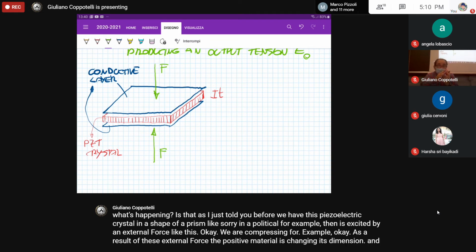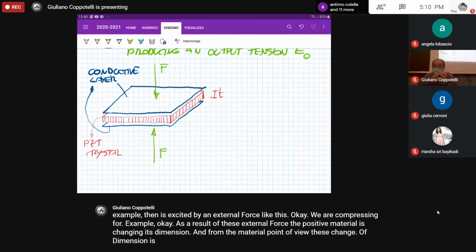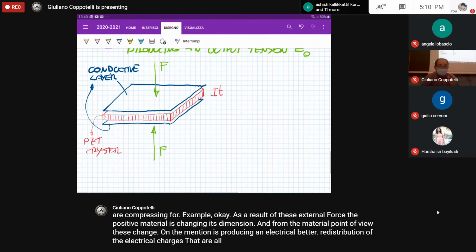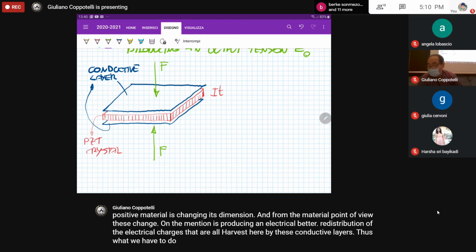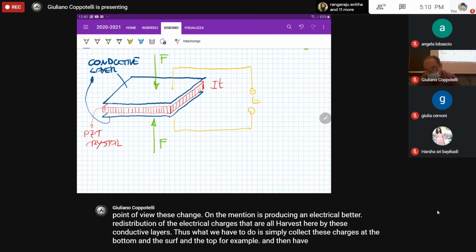And from the material point of view, this change of dimension is producing a redistribution of the electrical charges that are all harvested here by these conductive layers. Thus, what we have to do is simply collect these charges at the bottom and at the top, for example, and then have the output tension E0 like this.